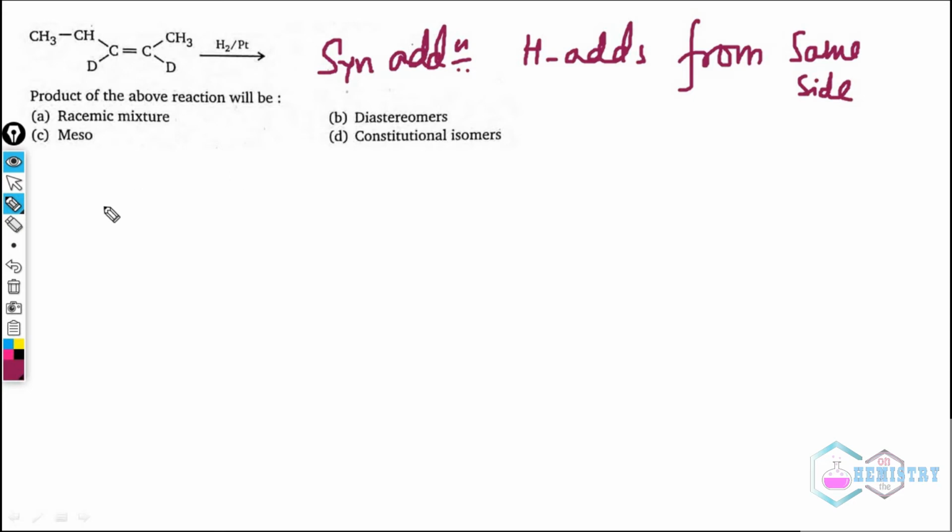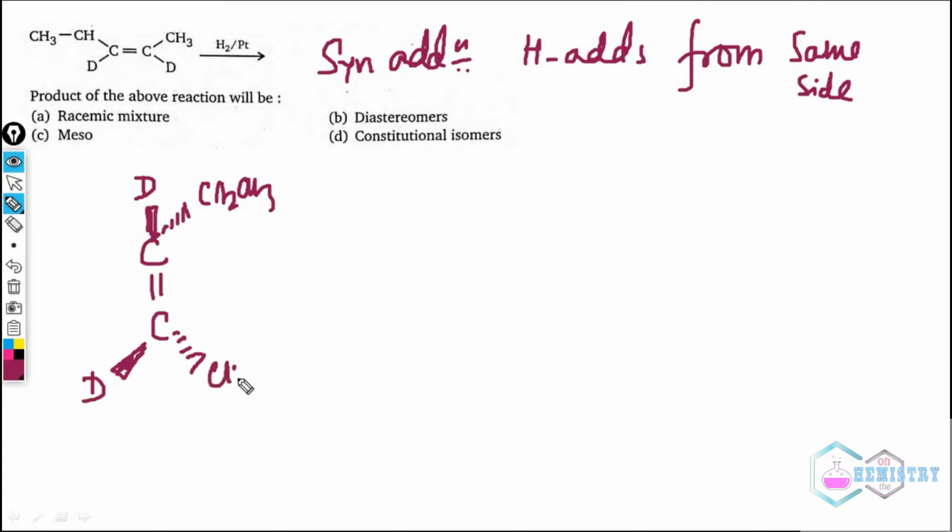So if we draw the structure like that, the solid portion has the D and the dotted portion has the CH2CH3 group. Now the carbon double bond C, as the D is in the same position, that is the D will be on the same side, there will be a CH3.